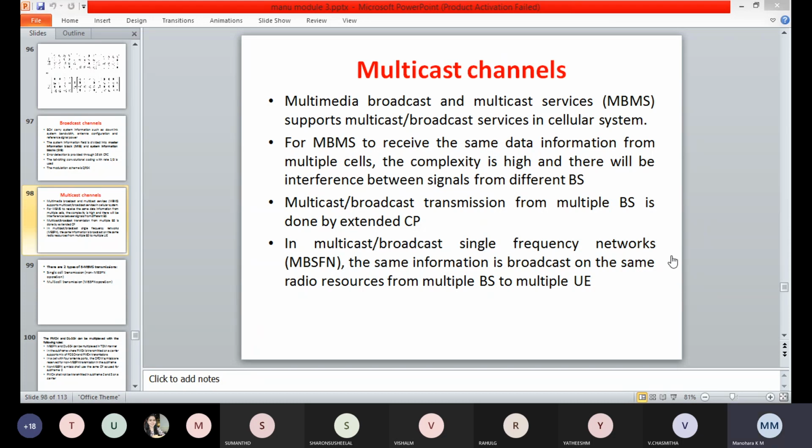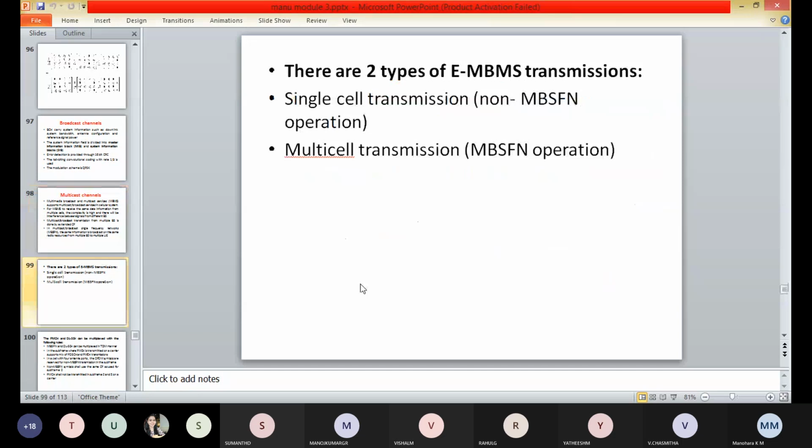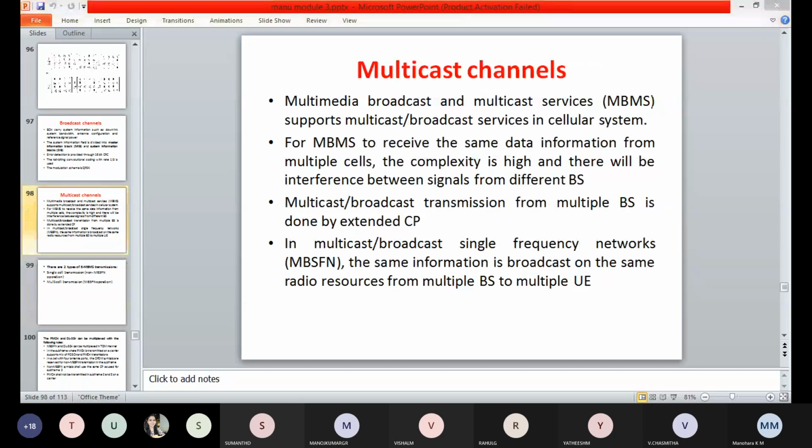Manoj Kumar? Yes, sir. Which modulation scheme is used in the broadcast channels? Any others?